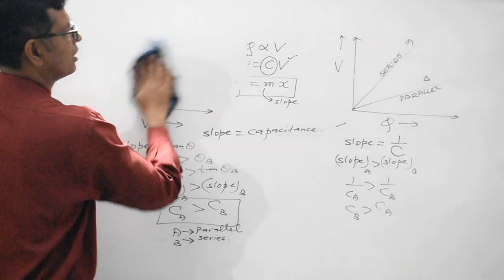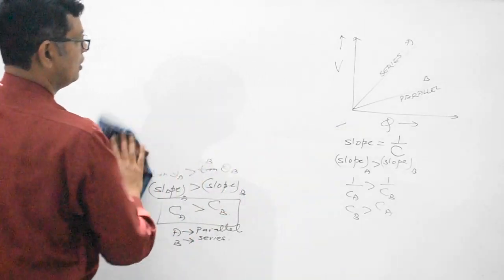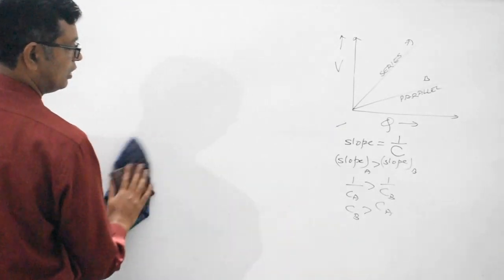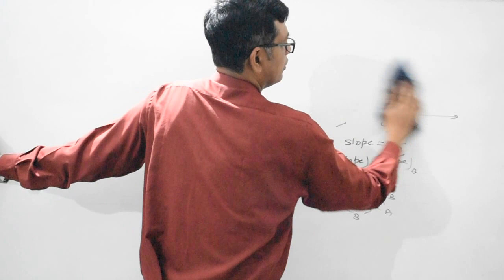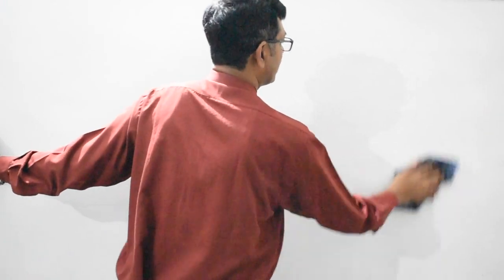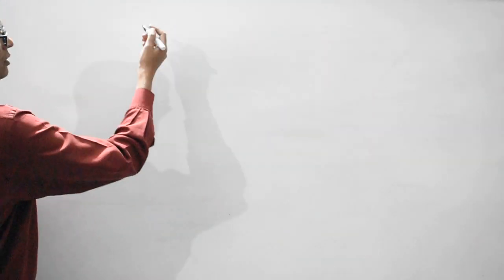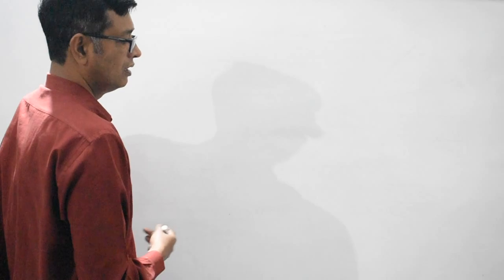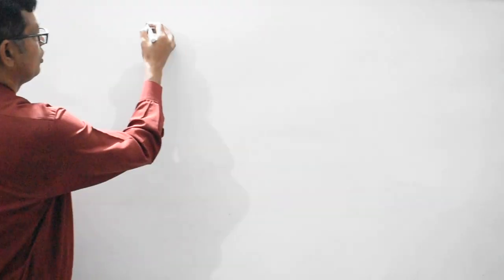it's based on some numerical values. Suppose two capacitors C1 and C2 are given. When they are connected in series, their resultant is 2 microfarad.